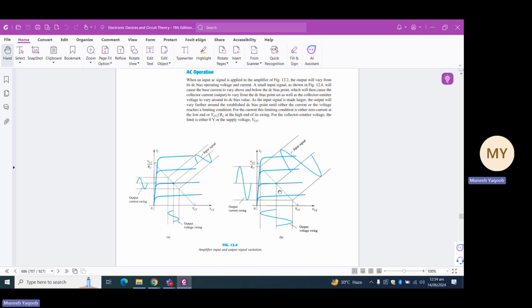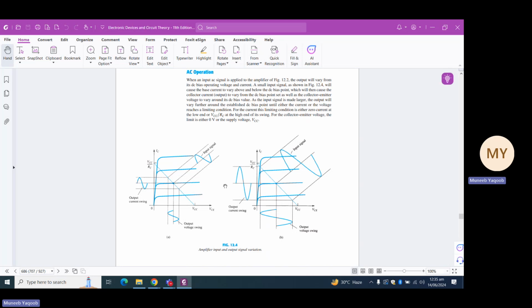For the positive half cycle, it gives the negative half cycle, and for the negative half cycle, it gives the positive half cycle, because in a common emitter amplifier there is a 180-degree phase shift between the input and the output signal. So it is justified that it is a class A power amplifier, because the output is available for the entire 360 degrees, and it is a common emitter amplifier.